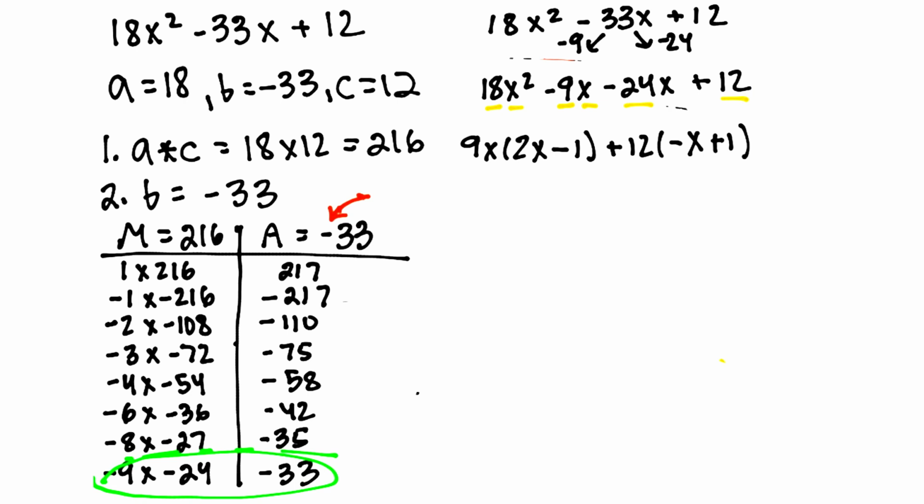As you can see here, this time the insides don't match. So actually, we're going to need to flip. We haven't seen this before, but whenever this happens, you want to flip the order of your two terms. So what I mean is instead of writing the -9x first, we'll actually write the -24x term first.